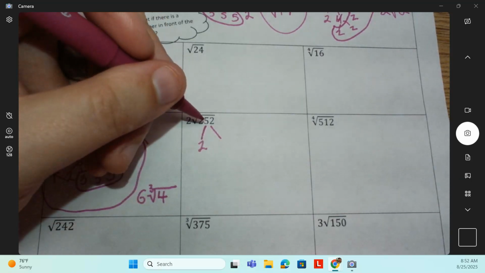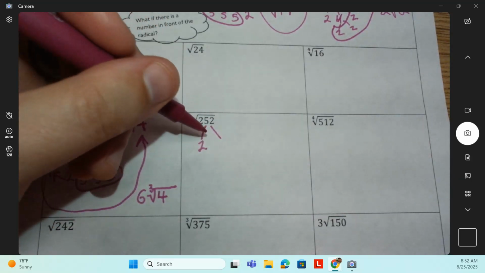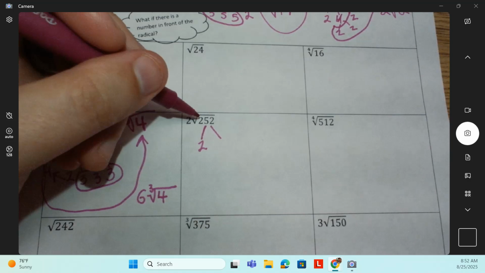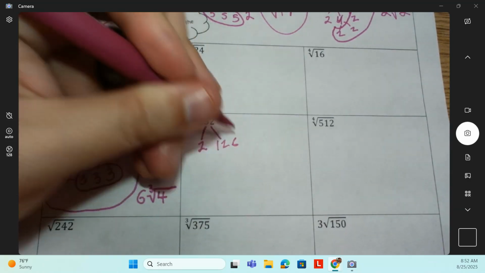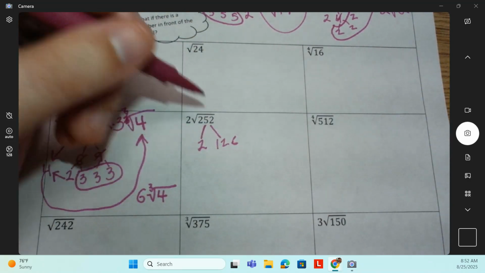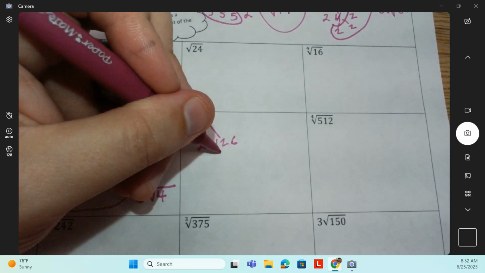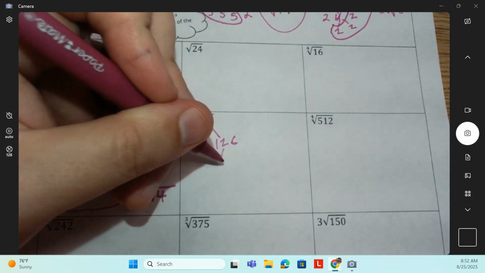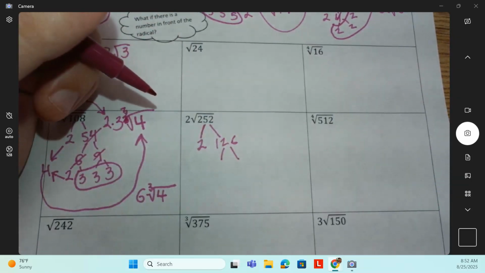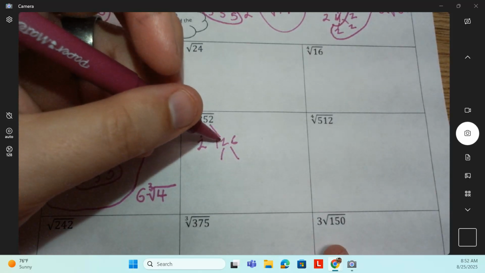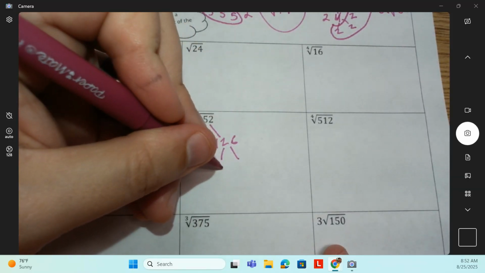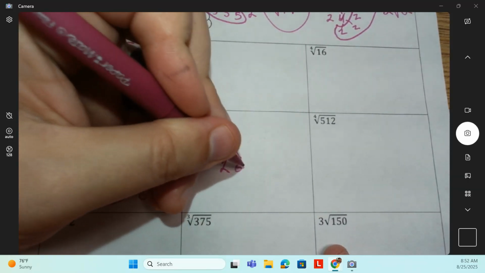So 2, and then half of 252 would be 126, I believe. And then splitting that up would be 2 and 63.